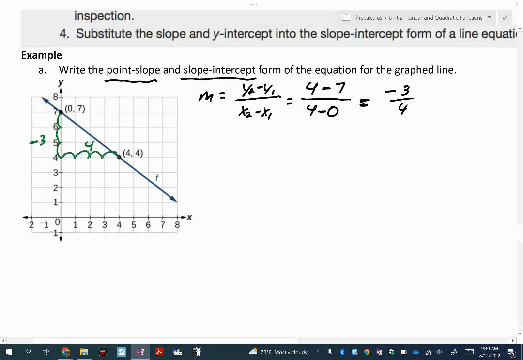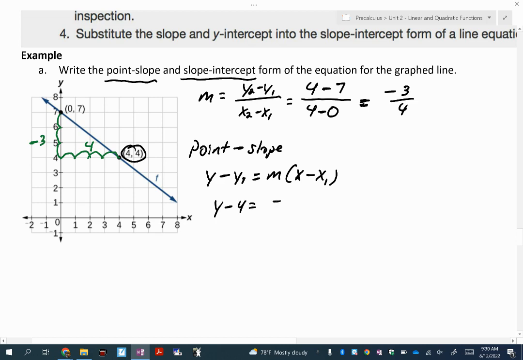Now, in terms of writing this in point slope form, which is y minus y sub 1 equals m times x minus x sub 1, I'm going to use my slope and pick a point, and I'm going to choose this 4, 4. So I have y minus 4 equals negative 3/4 times x minus 4.